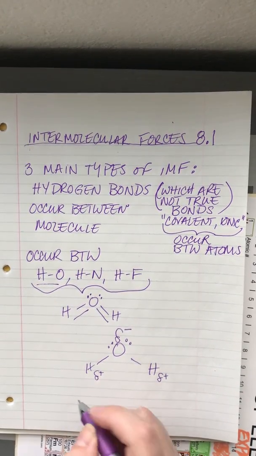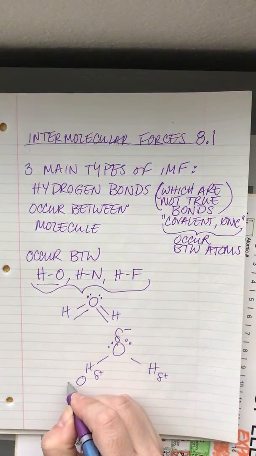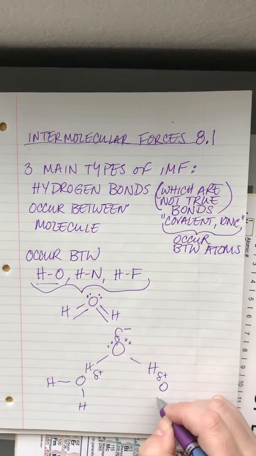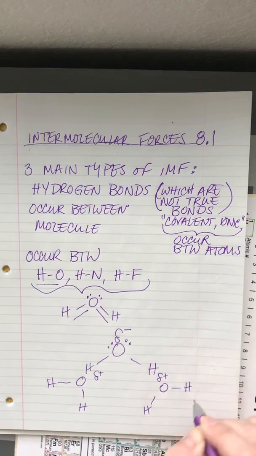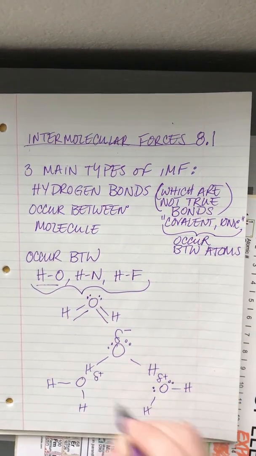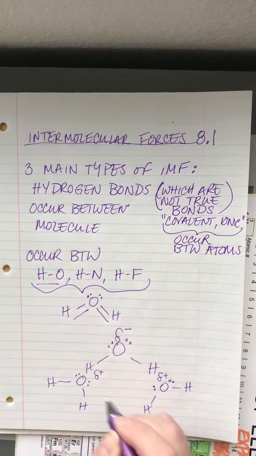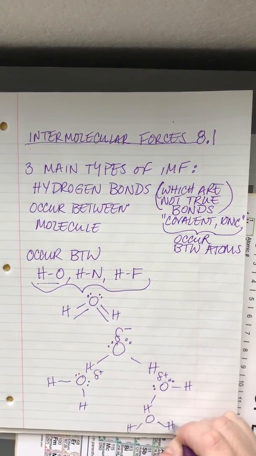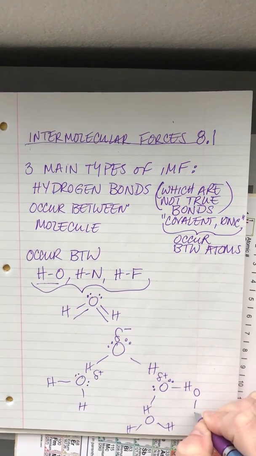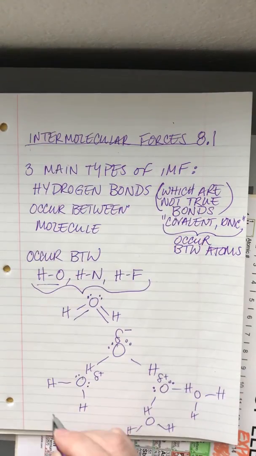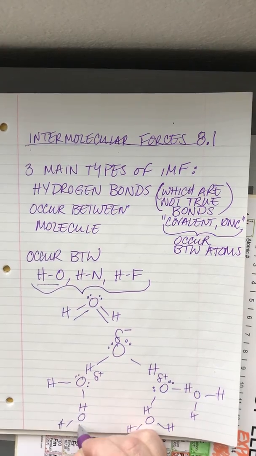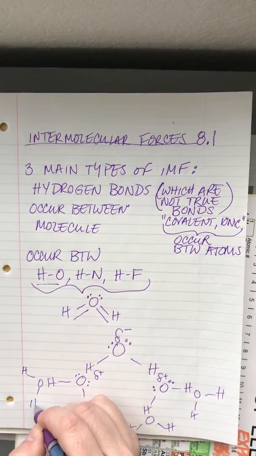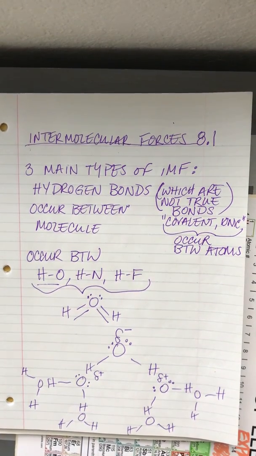So intermolecular forces are the things that stick these molecules together in order to form solids and liquids. Does that make sense, guys? So we have all of these partial negatives and partial positives that are attracted to each other.